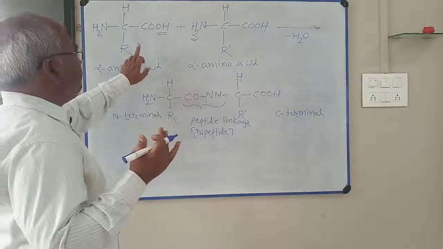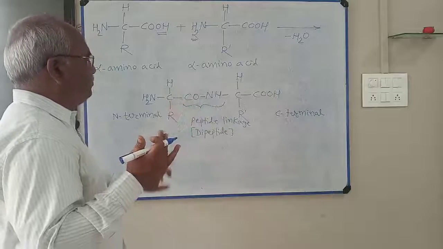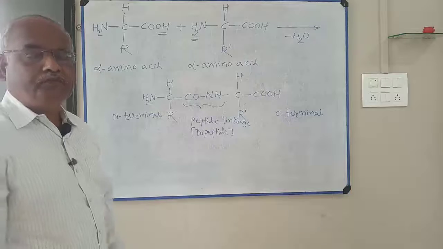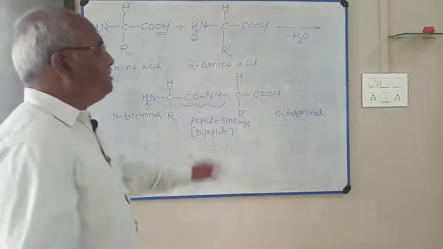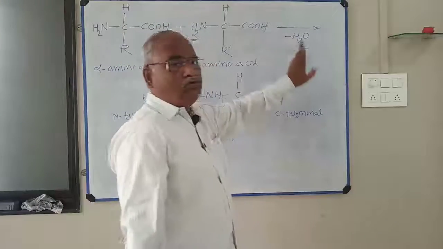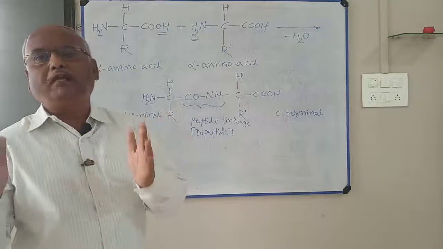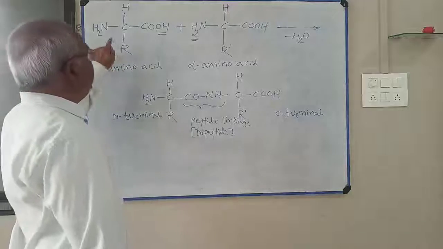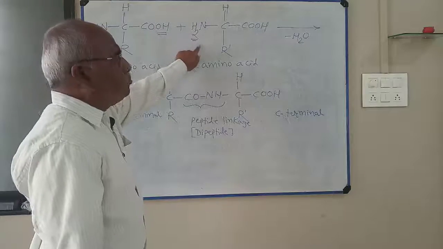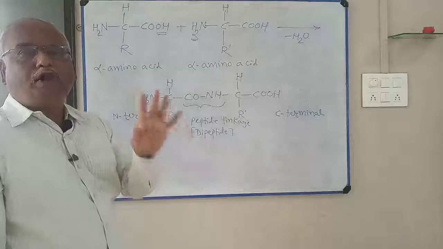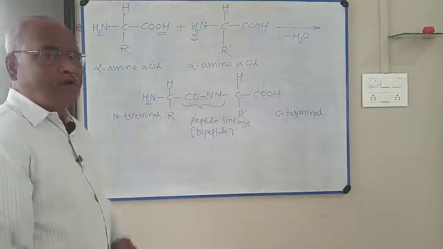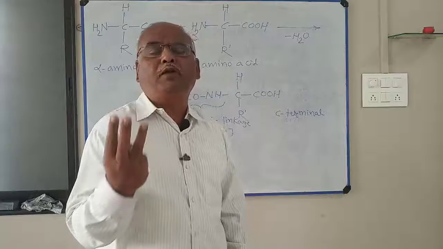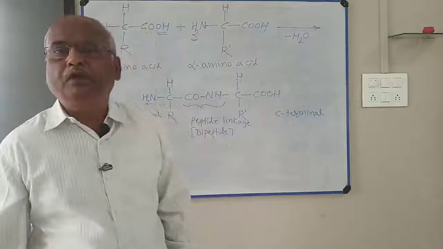So the linkage CONH present in protein is called peptide linkage. It is formed by elimination of water molecule when two alpha amino acids combine. Combination of two alpha amino acids forms dipeptide. Combination of three alpha amino acids forms tripeptide.